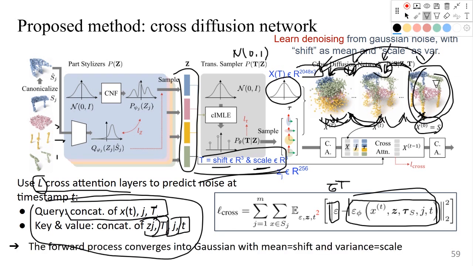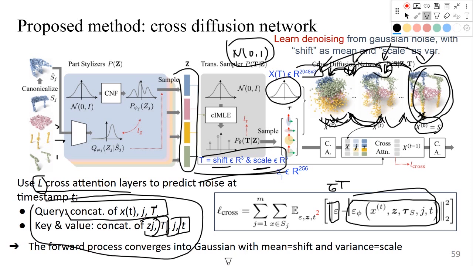So I think this is the third component, the diffusion network. One thing special about this paper is in the forward process. Usually the diffusion network converts into a unit Gaussian, which means the mean is 0 and the variance is 1.